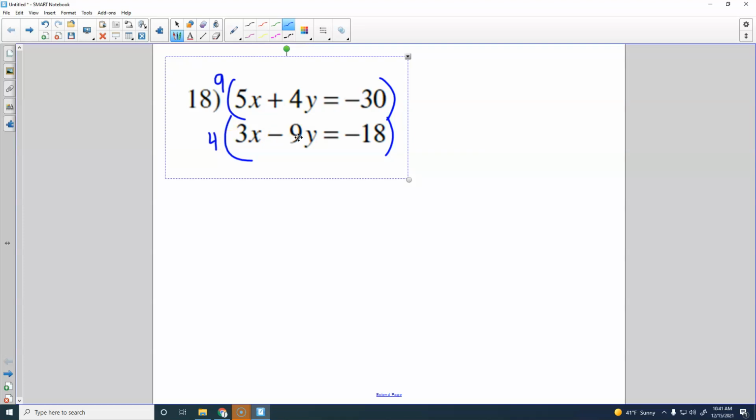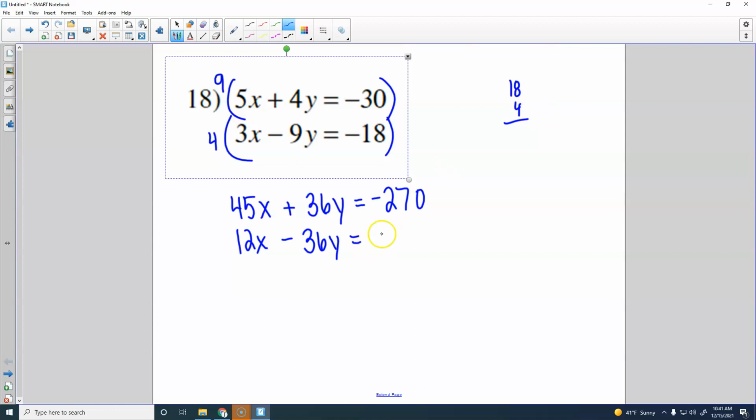Okay. So when we distribute here, we're going to get 45x plus 36y equals negative 270. And then we will get 12x minus 36y equals, let's see, 18 times 4, negative 72.